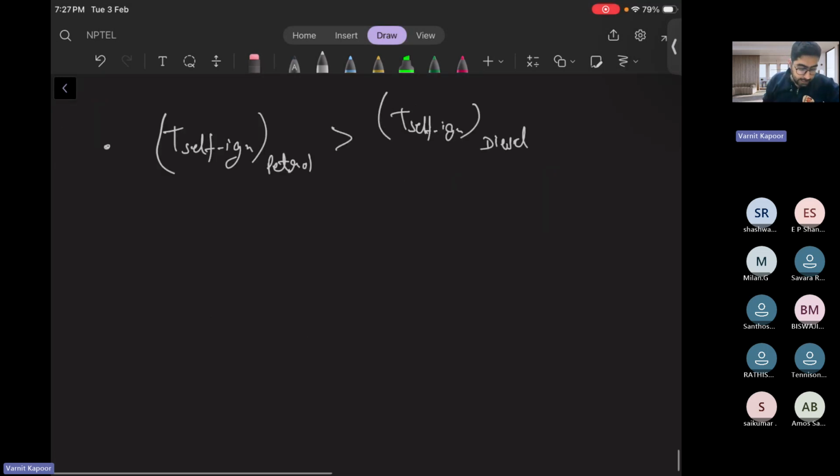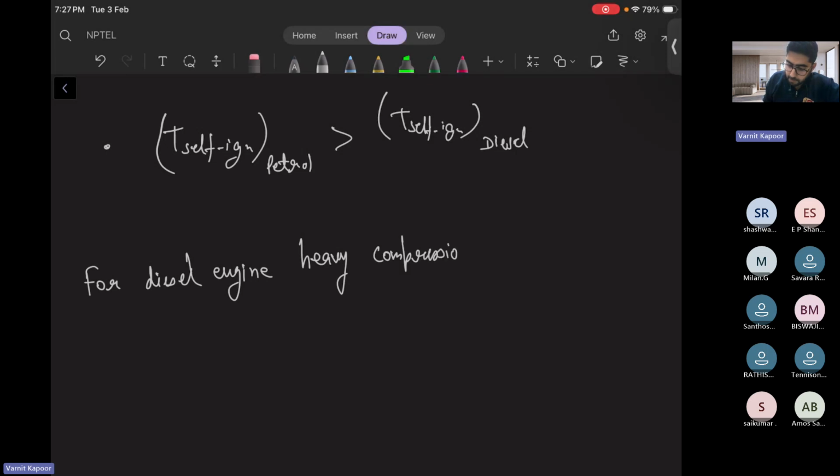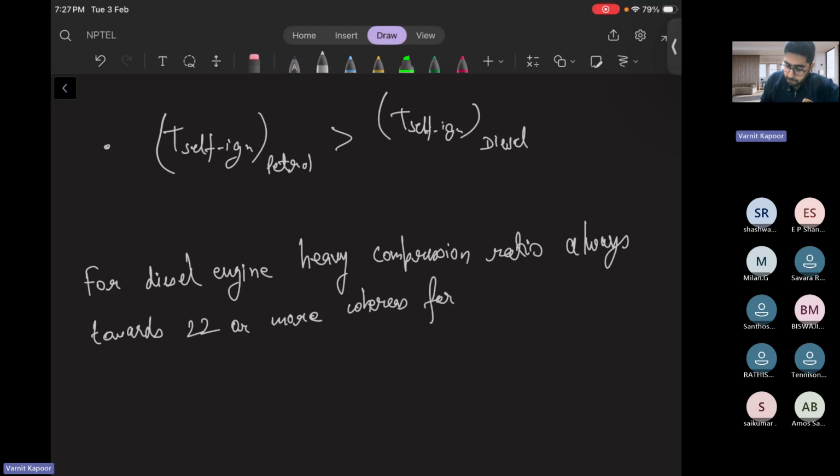So I'll write here, for diesel engine, heavy compression ratio, always towards 22 or more, whereas for petrol engine, always towards 6 or less than 6.